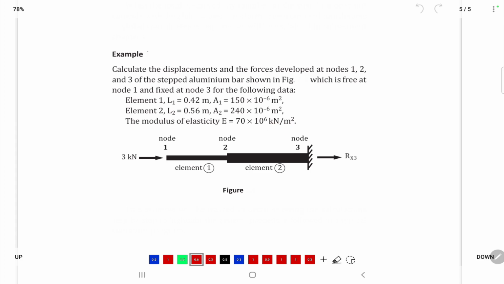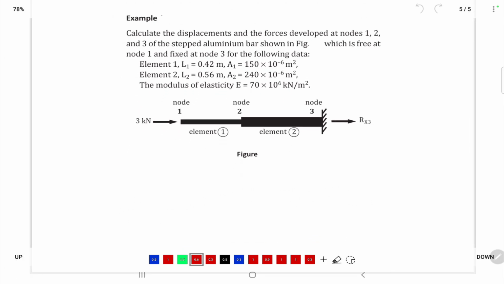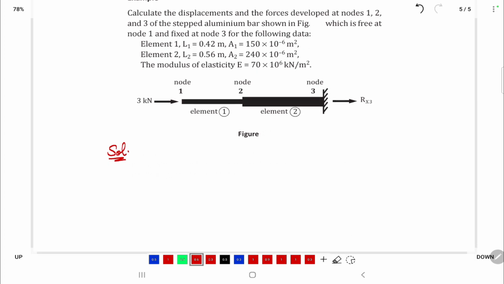So the solution is, for element solution, calculate the displacement. The first thing is to calculate the stiffness. The first is element 1.